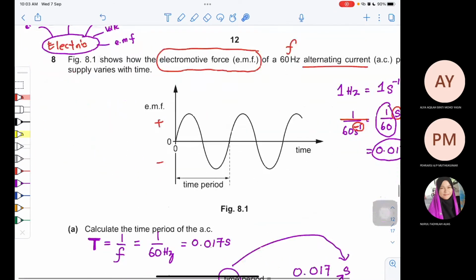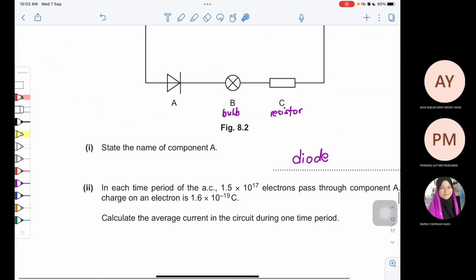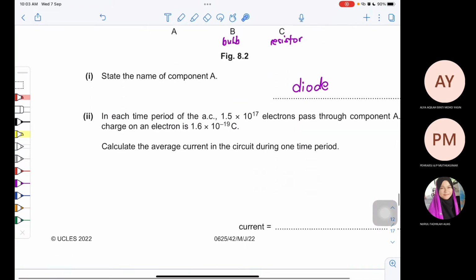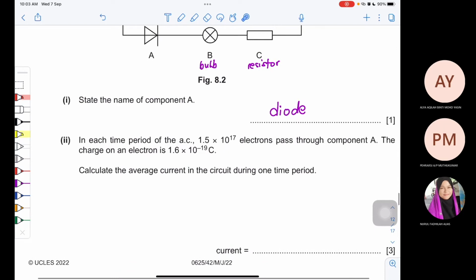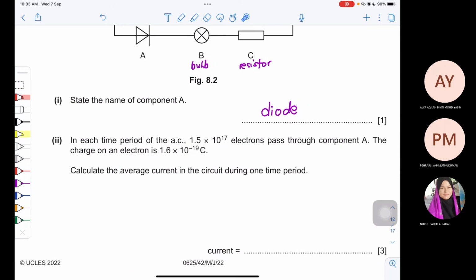So what is given? So here kita ada electrons. That's true. The charge on an electron is this one. So this is number of electrons. This is the charge.